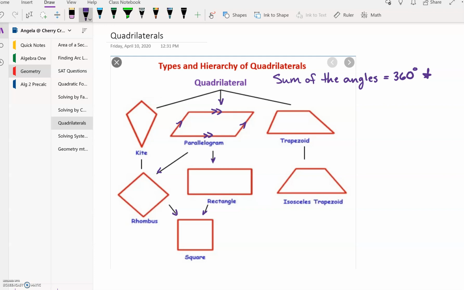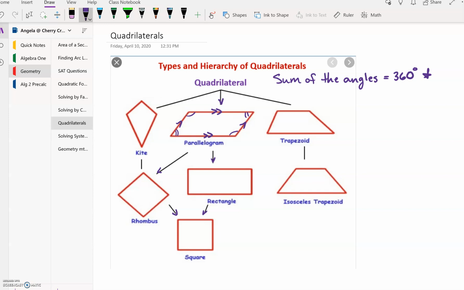So we have opposite sides parallel. Opposite sides also happen to be equal. We have opposite angles that are going to be equal in every single one of our parallelograms. And because of this, it's also going to be true that our consecutive angles add up to 180 degrees.